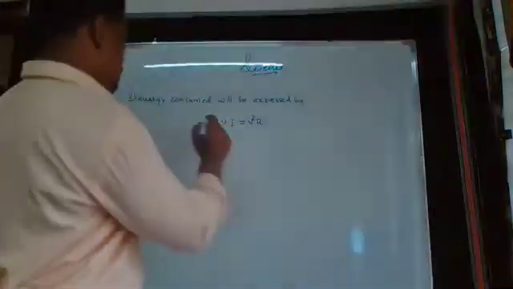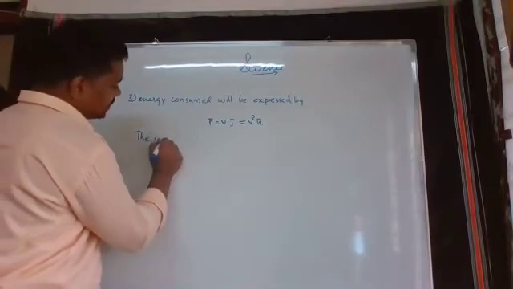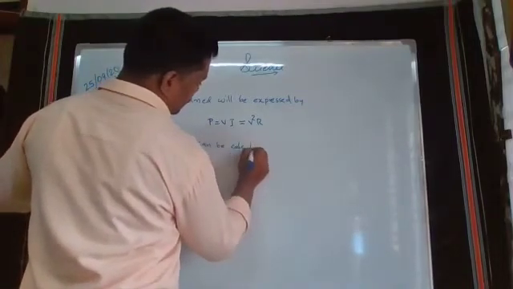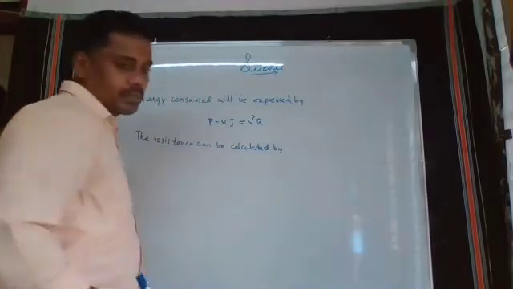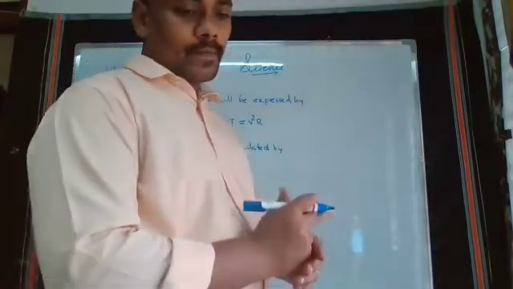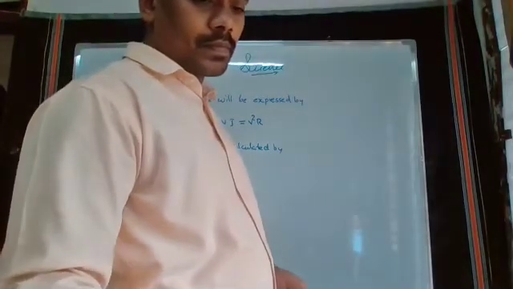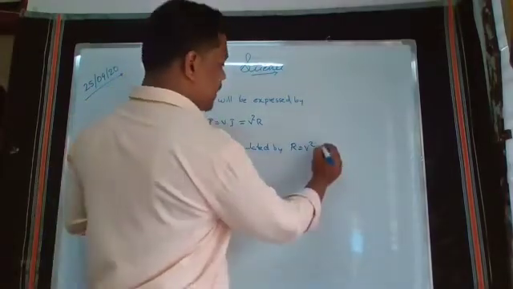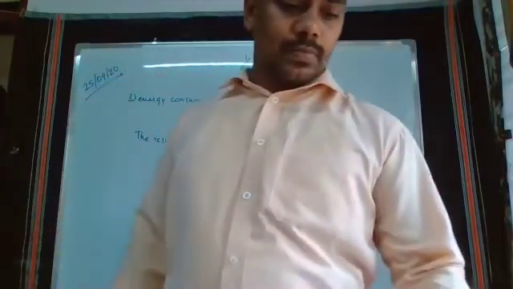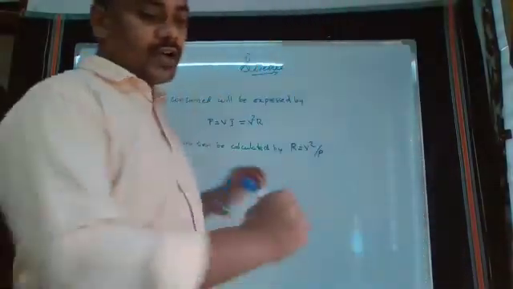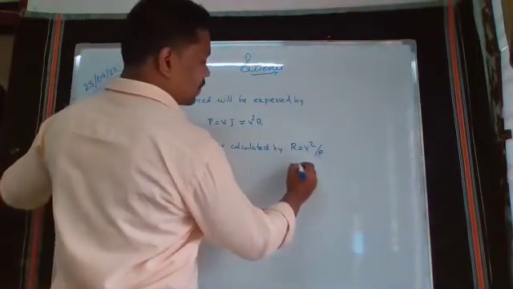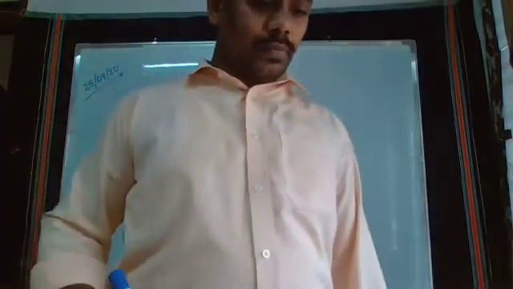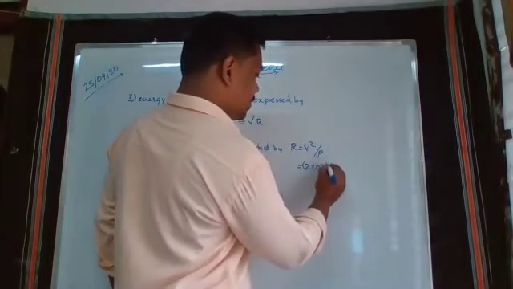Then we can calculate the resistance. The resistance can be calculated by R is equal to V square by P. What is V square? 220 all square and P is 100.